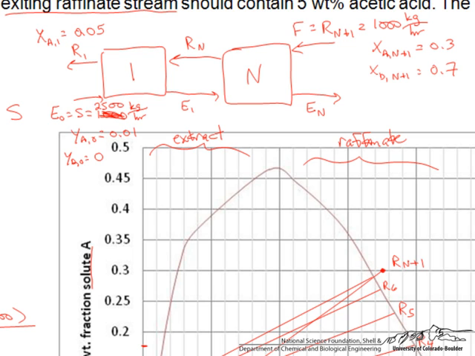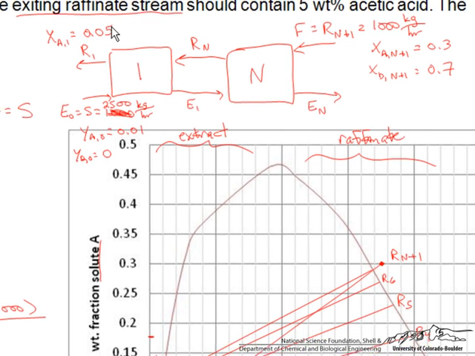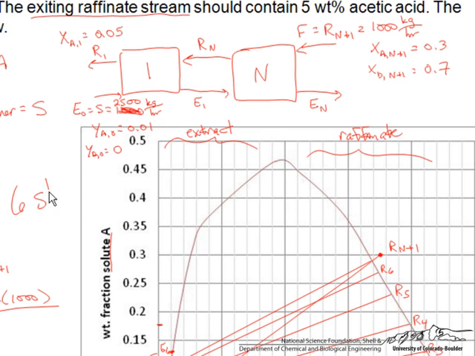So we need to have the concentration of En be where we calculate it or higher, so that we have pulled out enough solute from the feed stream so that we have achieved the raffinate concentration specified in the problem statement, which is 5 weight % acetic acid. So this would take 6 stages.